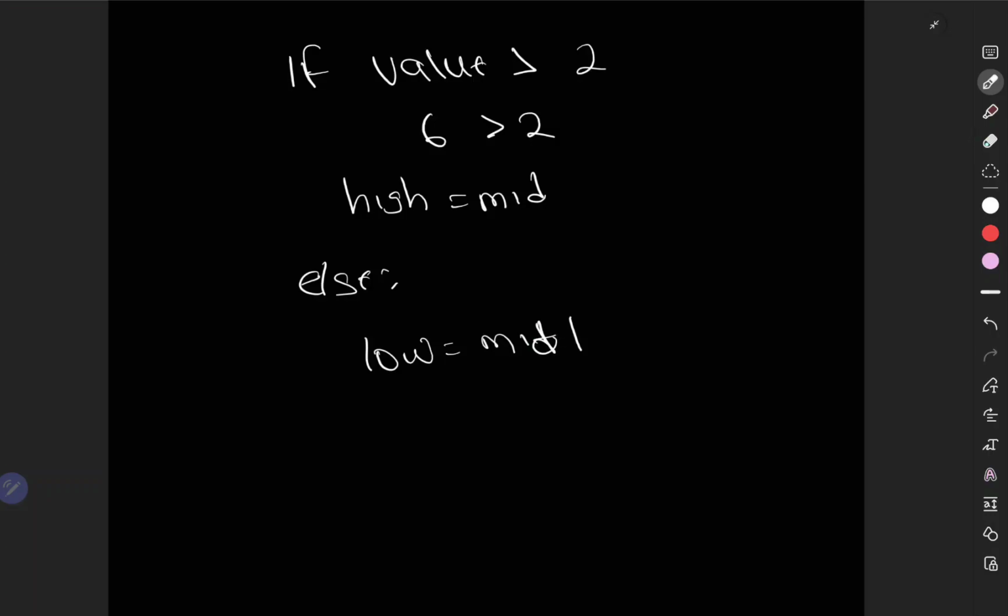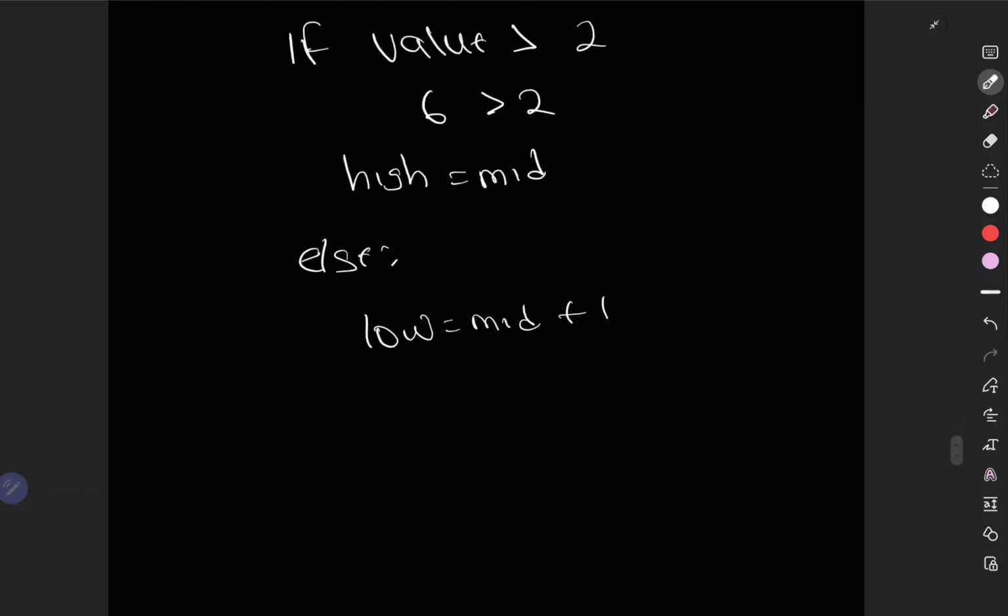Let me make this correction: mid plus 1. So in a situation where the value is not greater than 2, let's say we're looking for 8, 6 is not greater than 8.